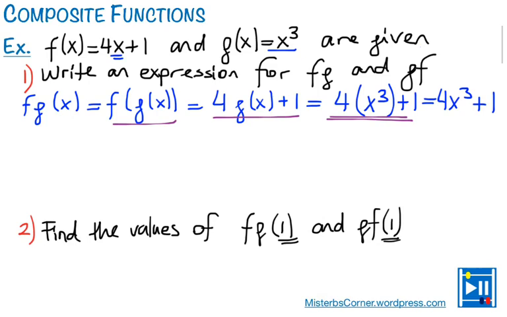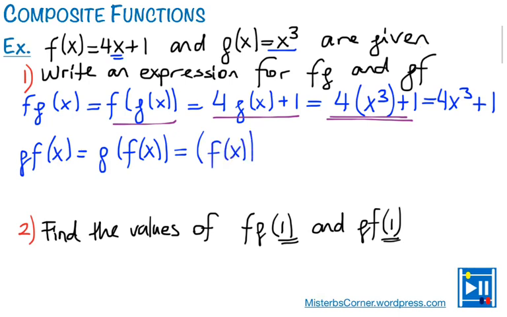That's totally okay. Now, for gf of x, it's going to be f inside g. So I'm going to write down f of x cubed, which is 4x plus 1 cubed, and then I'm done.